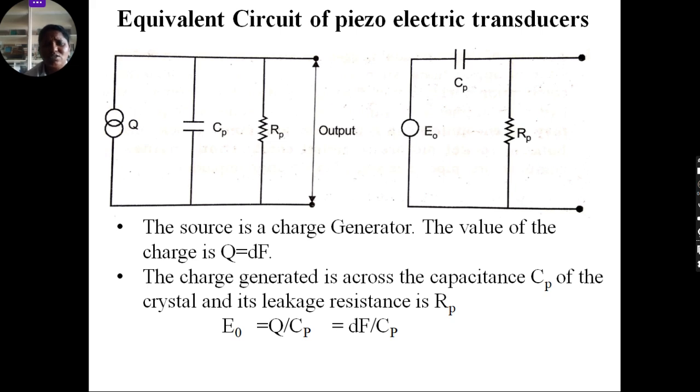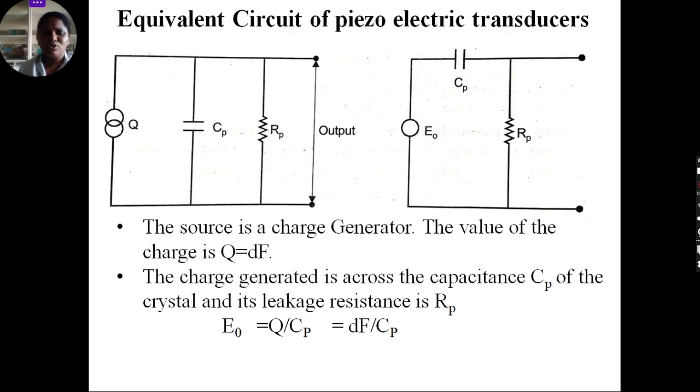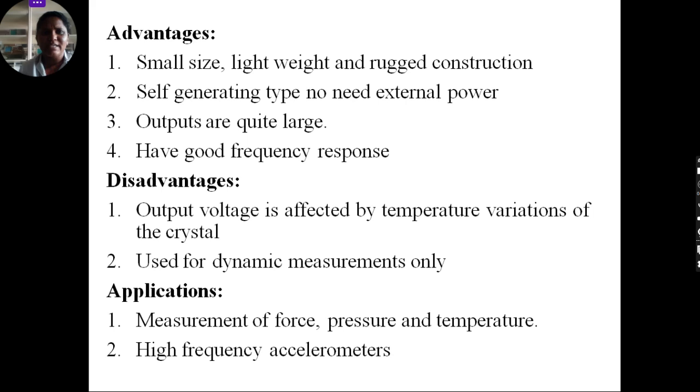The source is the charge generated, and the value of the charge is Q equal to d F. The charge is generated across the crystal capacitance CP, and its leakage resistance is RP. E0 is equal to Q by CP. Substituting Q equal to d F, E0 equals d F by CP.